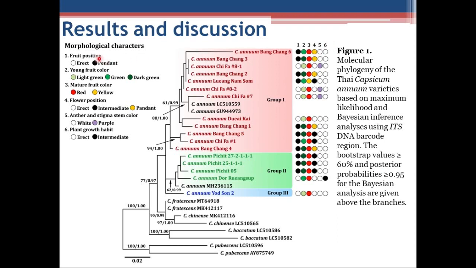The first, row number 1, is fruit position. Rows 2 and 3 are the fruit color in 2 states, young and mature. Flower position is in row 4, anther and stigma stem color in row 5, and plant growth habit in row 6.